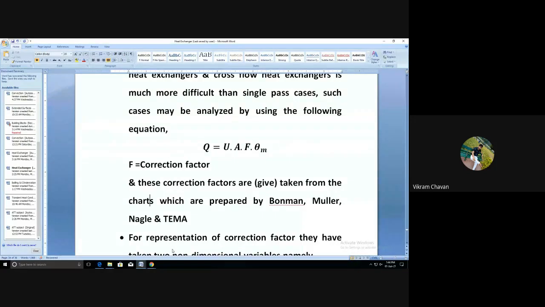Tubular Exchanger Manufacturing Association. So write down the full form also.